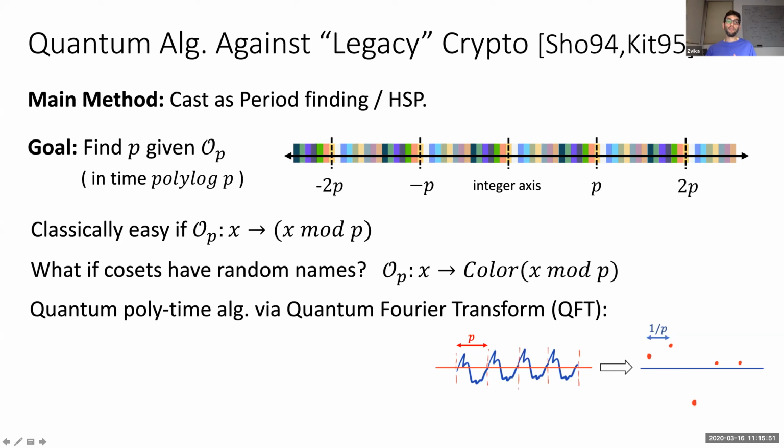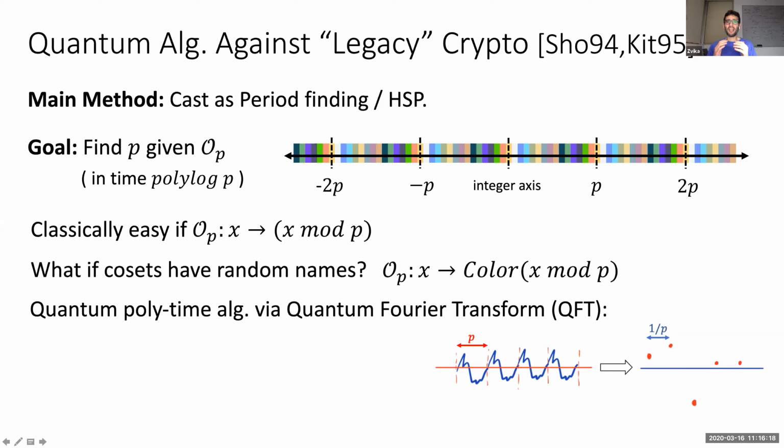And why is this useful? Because given access to this color oracle that I just described, we can actually generate a quantum state which is in superposition over a given coset mod P. So given a monochromatic set of points.